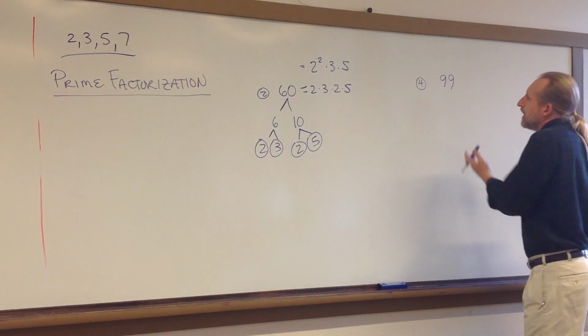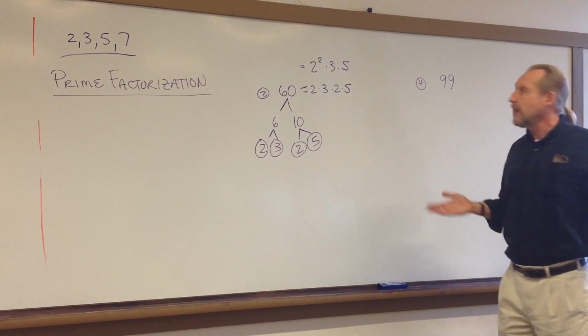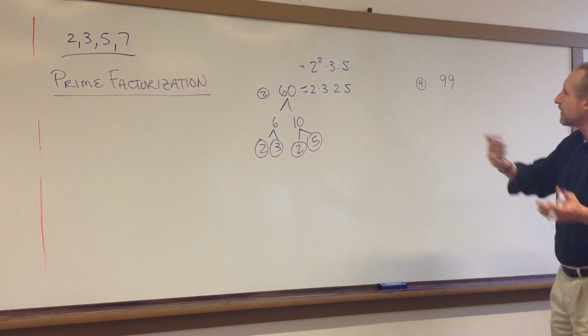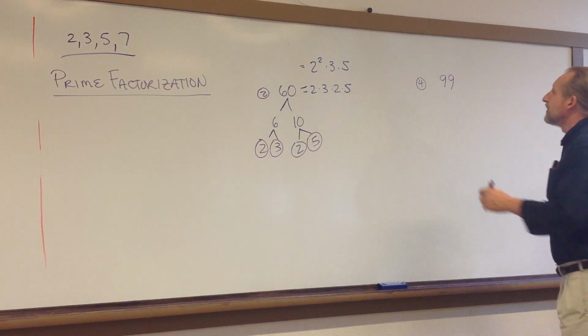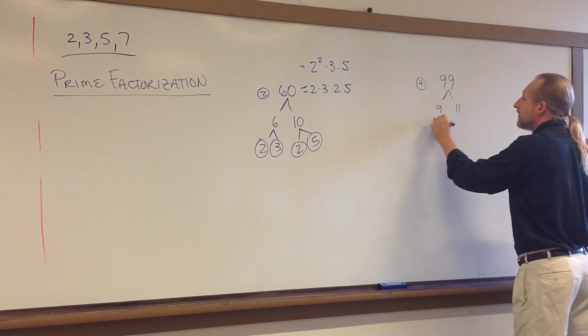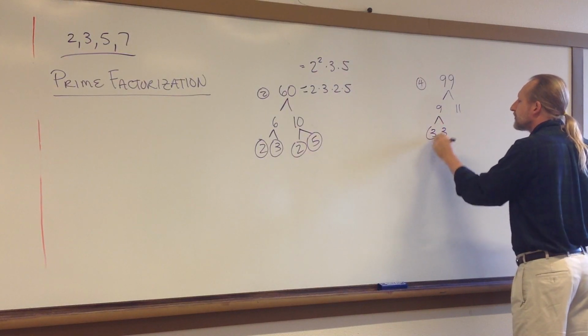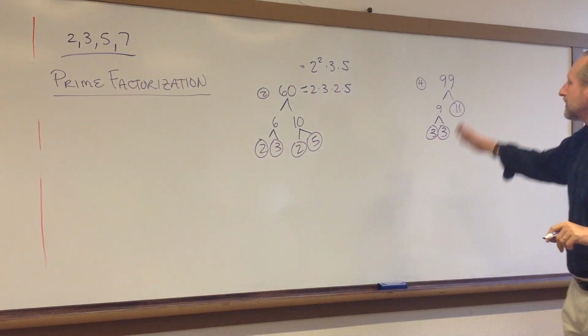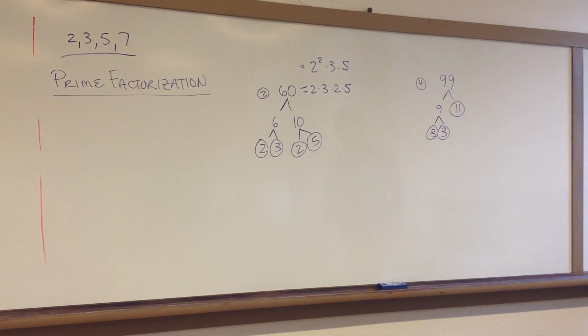All right? I mean, I recognize this as 9 times 11. Anything that's a double digit like this, like 22, 33, 44, that means it's a multiple of 11. So this has to be 9 times 11. The 9 is 3 times 3, and that's it. We're done. There's the prime factorization, 3 times 3 times 11.